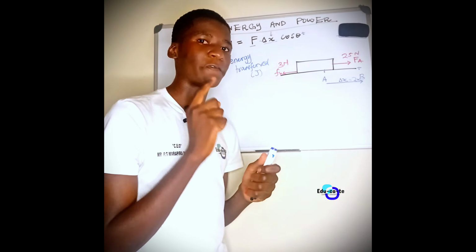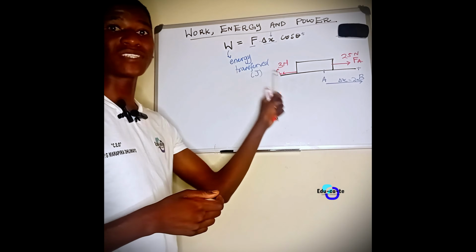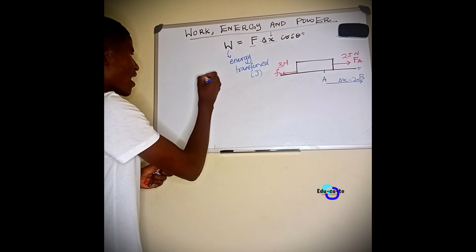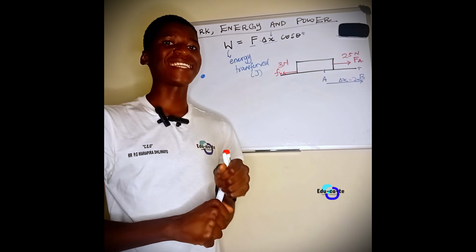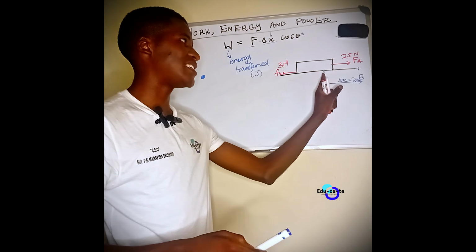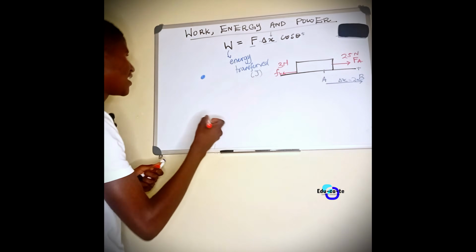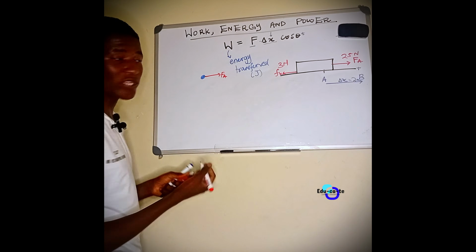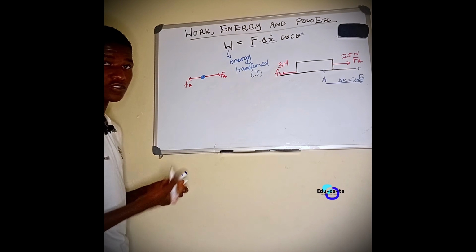But how will you even know this? You need to draw a free body diagram. I always emphasize in my videos that to be able to tackle mechanics problems, you need a free body diagram. In a free body diagram, you indicate all the forces that are acting on an object as it moves from point A to point B, which is a displacement of 2 meters. In this case, your object is experiencing an applied force to the right of 25 newtons and a frictional force of 3 newtons to the left.